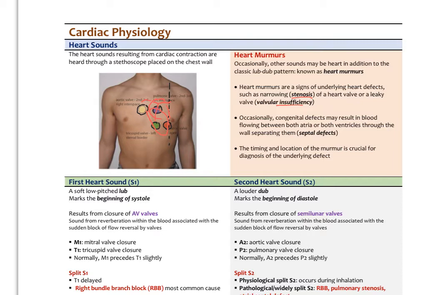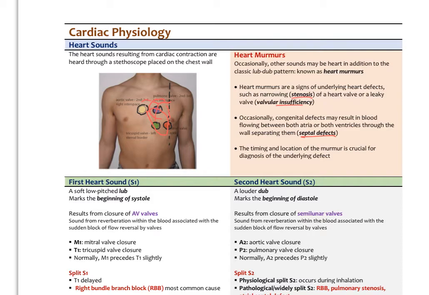And that in some people can remain open, causing a patent foramen ovale. That also can be heard as a heart sound, as a murmur with the stethoscope. And this would be an example of a septal defect. The timing in the cardiac cycle, whether or not it's in systole or diastole, and the murmur is going to be crucial for the diagnosis of the underlying defect.